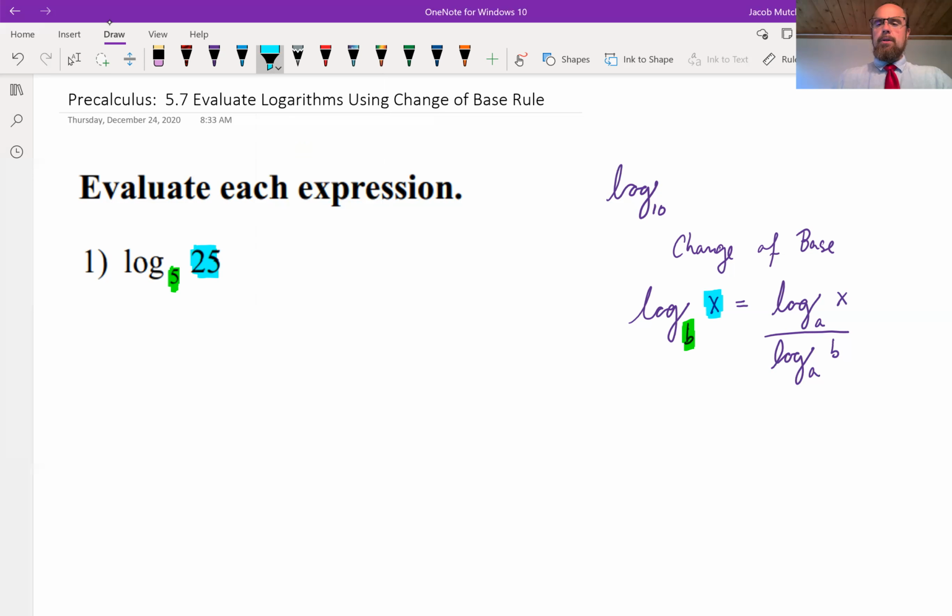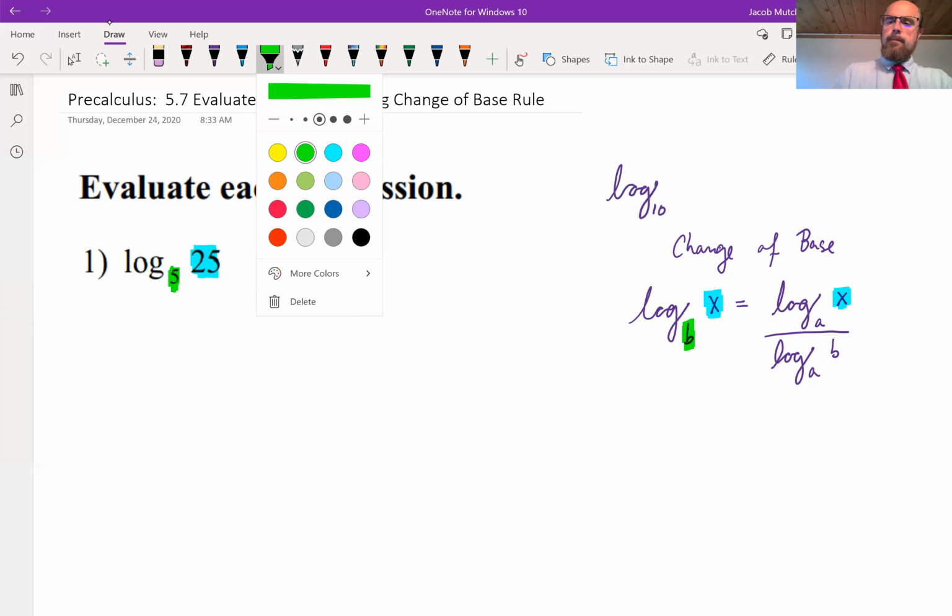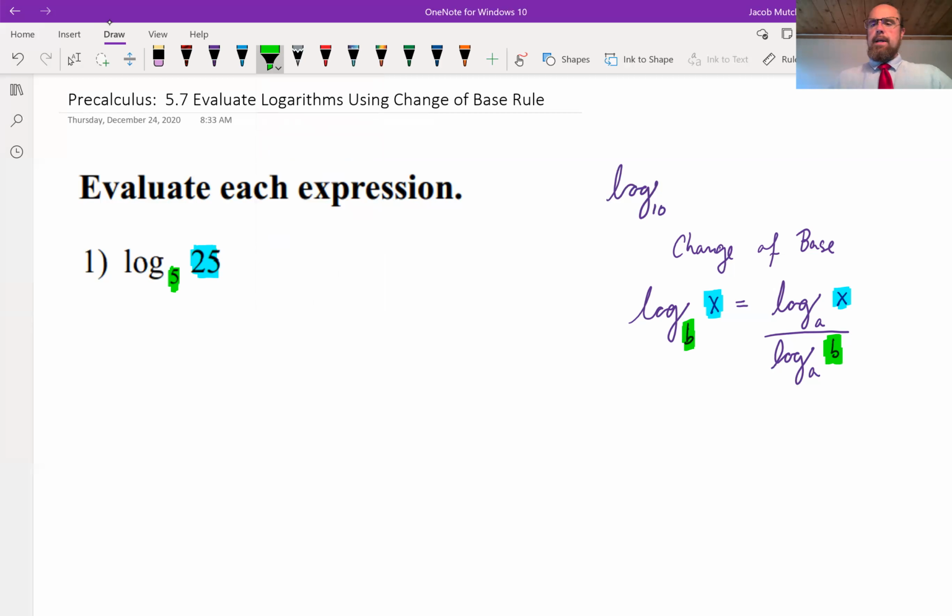And so those are the parts that I'm going to fit into my change of base expression. And then for the base a, what I'm going to choose here is base 10. And again, that's a convenient choice since calculators traditionally have base 10 logarithms programmed in. So let's make that conversion and then we'll evaluate.